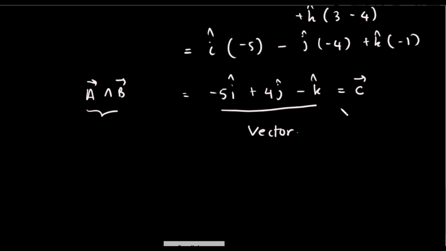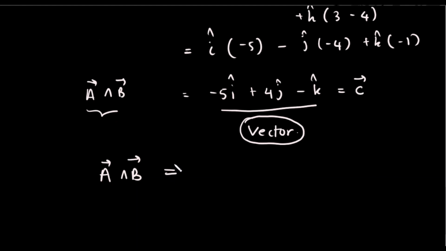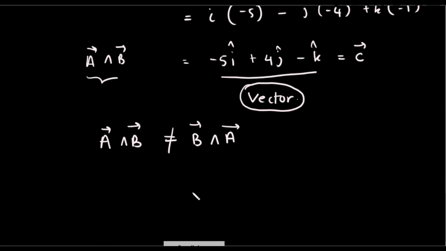From basic knowledge, you know that this vector has a magnitude as well as a direction. That means a cross b is not equal to b cross a. They have totally different meanings. If you have a cross b, you can write it as minus b cross a.